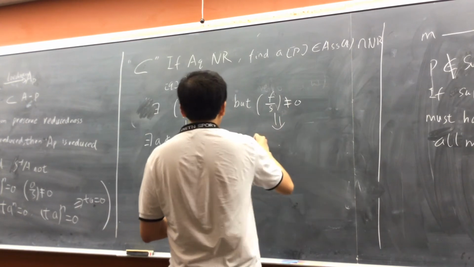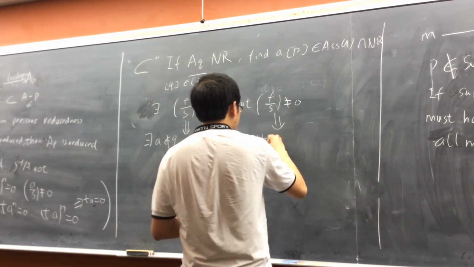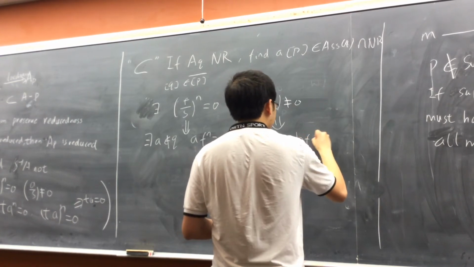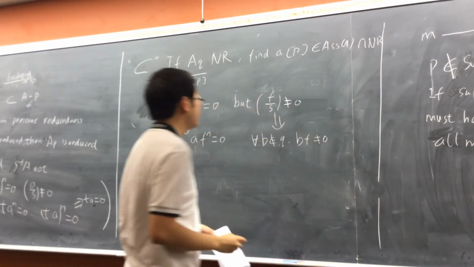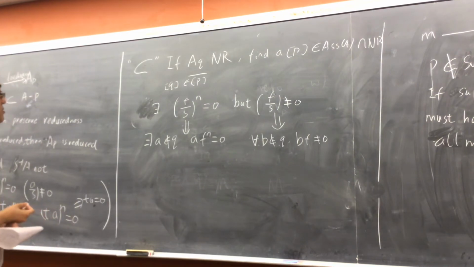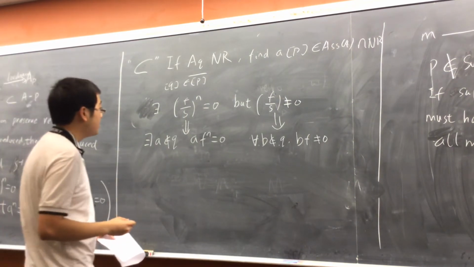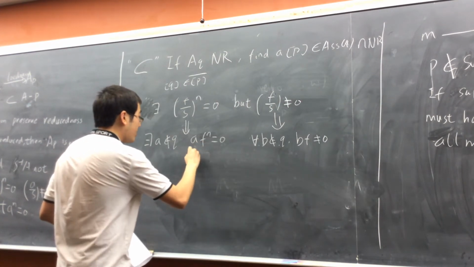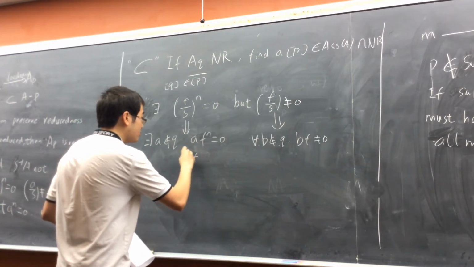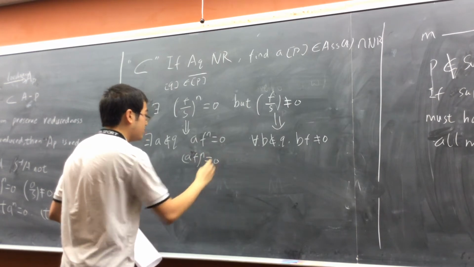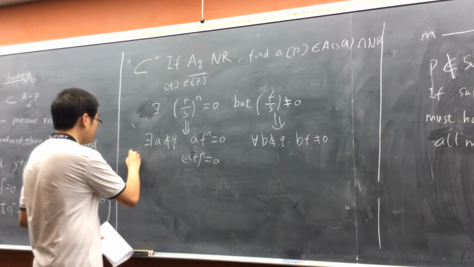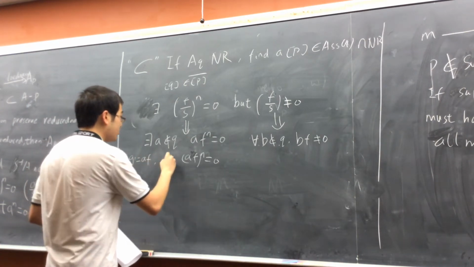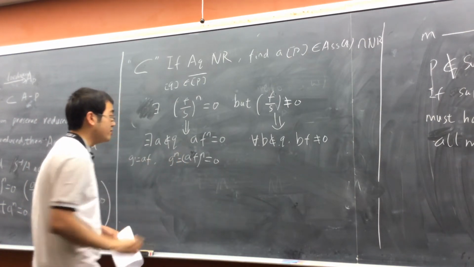And this means for any B not in Q, BF is not equal to 0. And then AFN equal to 0 means that ANFN equal to 0. If we write G as AF, then this means that G to the power of N is equal to 0.